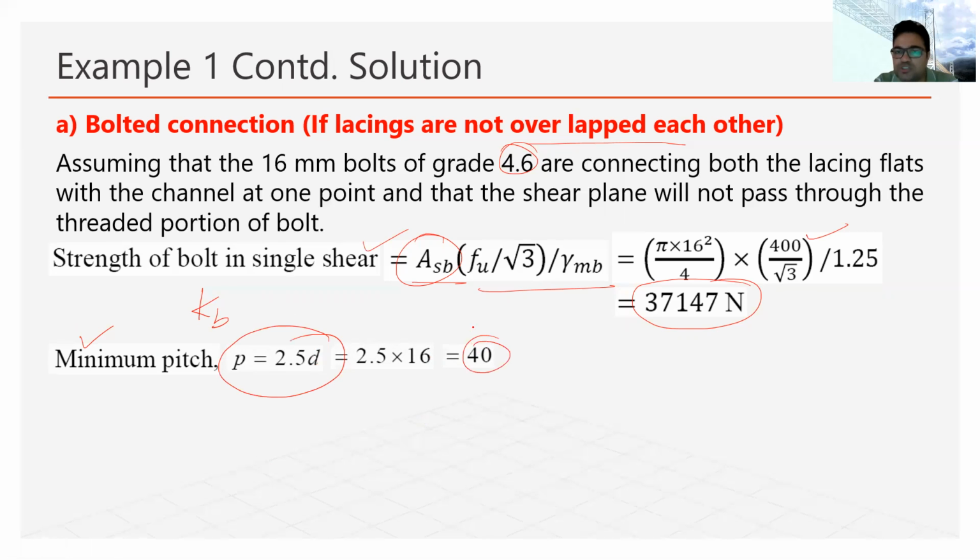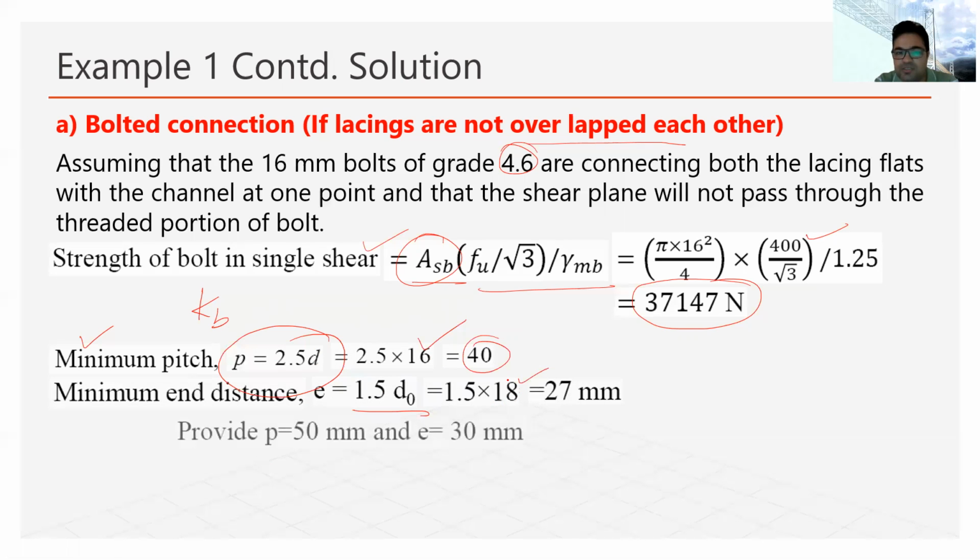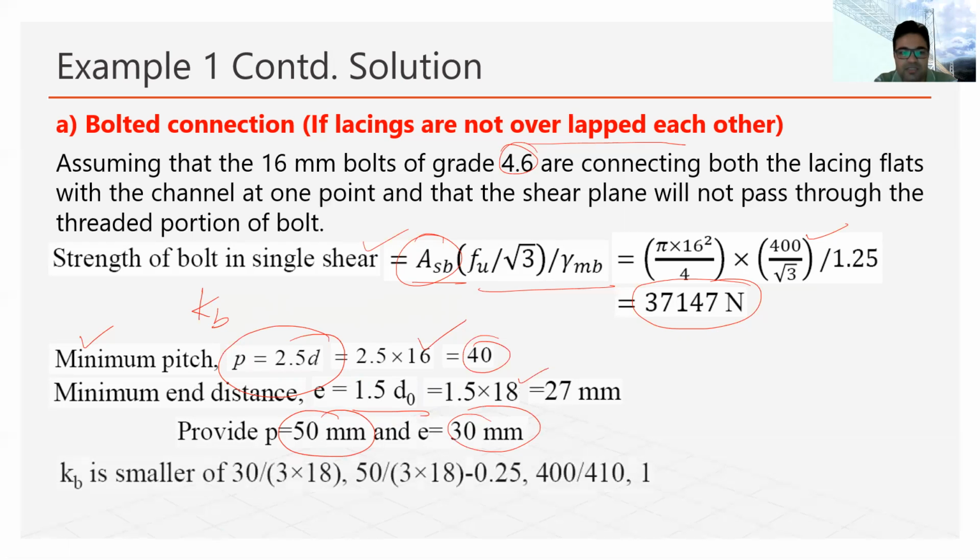Similarly, we will also assume the edge distance. Minimum edge distance is 1.5 times the dia of hole. So if we are using a 16 mm dia bolt, then the hole dia will be 18. So 1.5 times 18 is 27. So let's assume pitch as 50 mm and edge distance as 30 mm. Now we will be able to identify the Kb value.